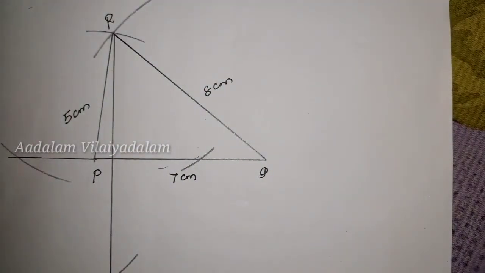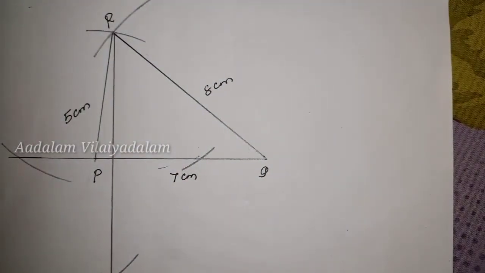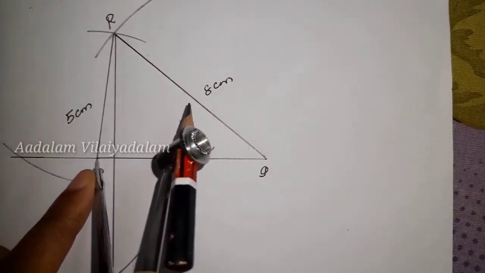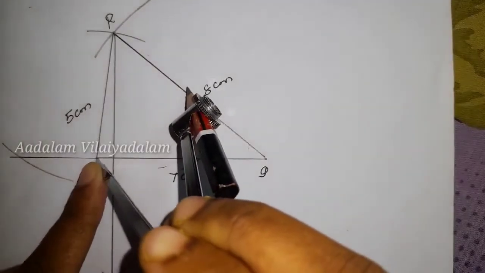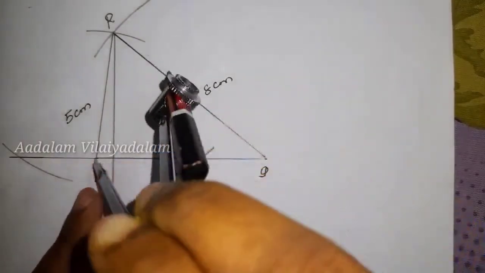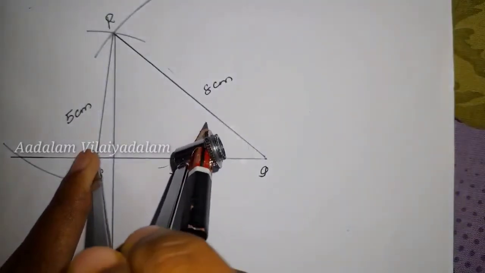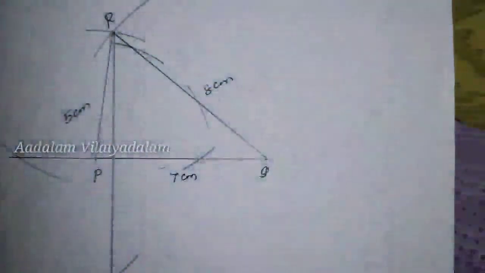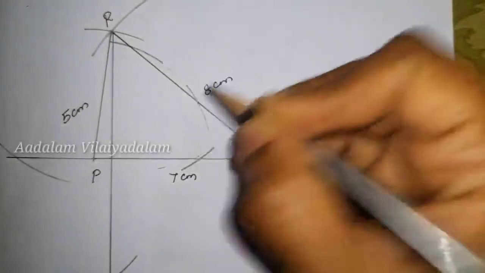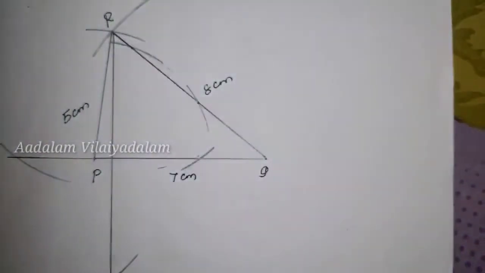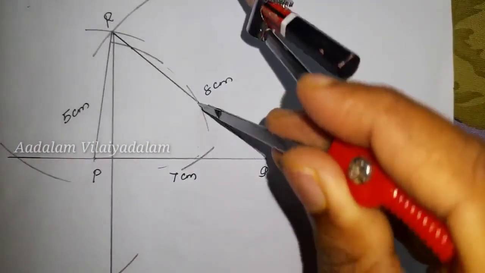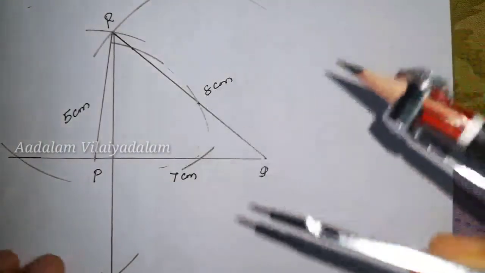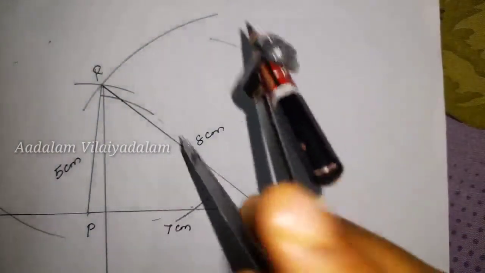Next draw the altitude of another vertex, P. Take an approximate distance here and make two arcs to get two points. Again with the same measurement, make the arc here and here also.